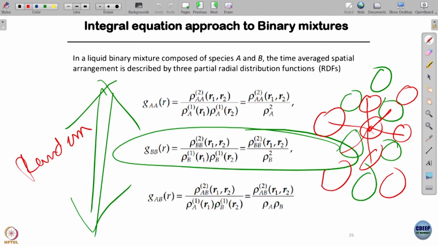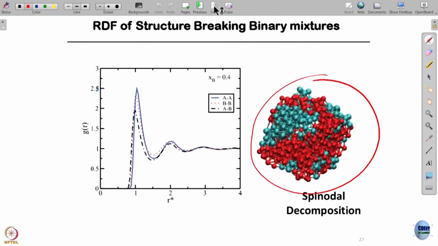They give the time average structure of the liquid. And now I would know that A and B will be lowest, this is A and B, this is the lowest. And A and A is maximum, that is A and A. Next is B and B. So, A is around A, B is around B, and A and B are depleted.